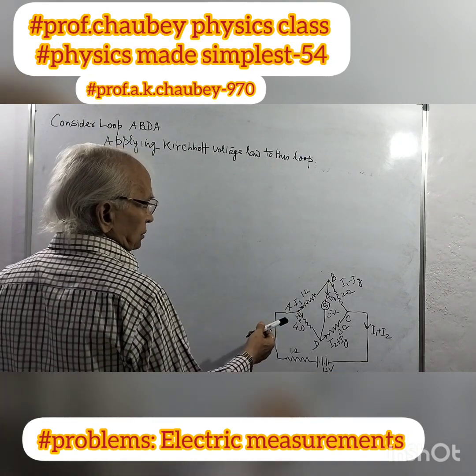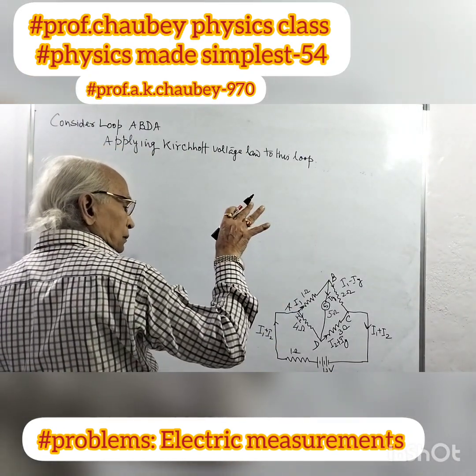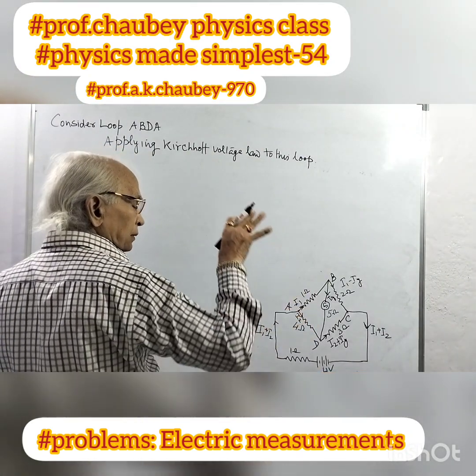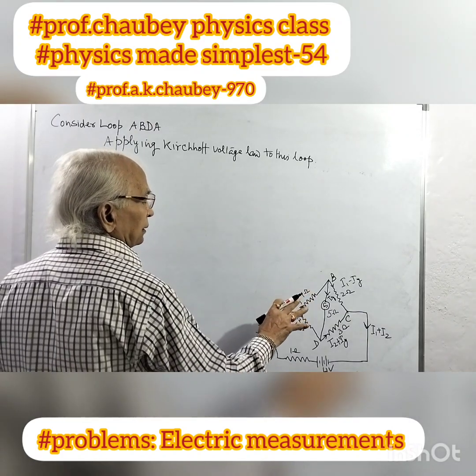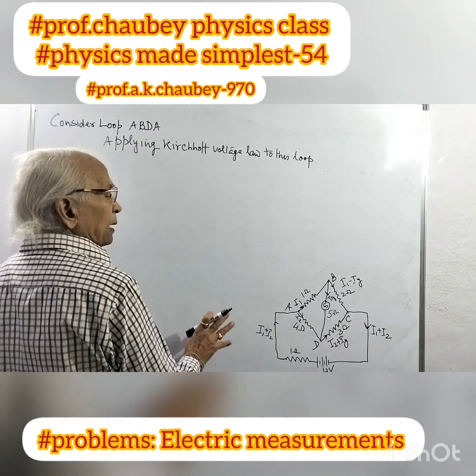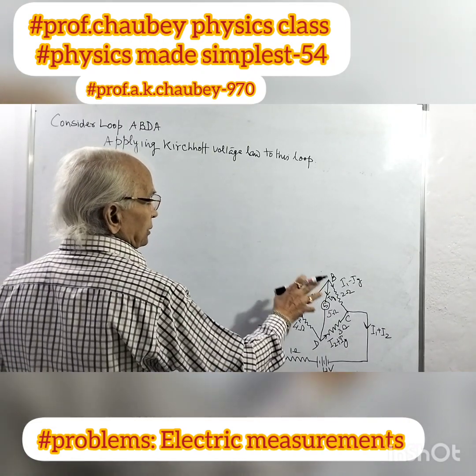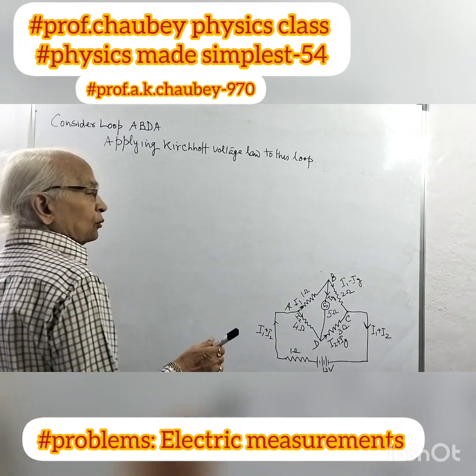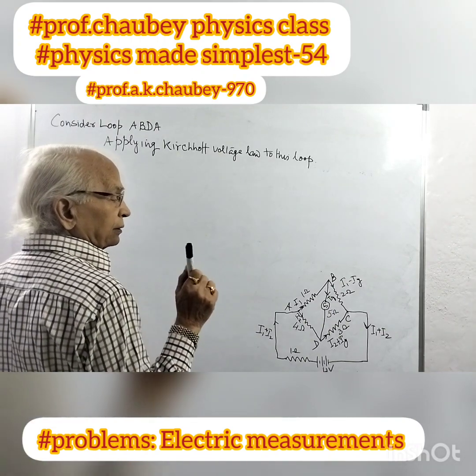The voltage source, that is the EMF connected in the circuit, and the total potential drops, the IR drops. The EMF applied is equal to the potential drop IR, taking into account the proper direction of current.